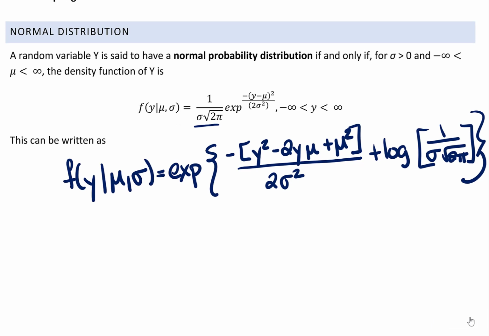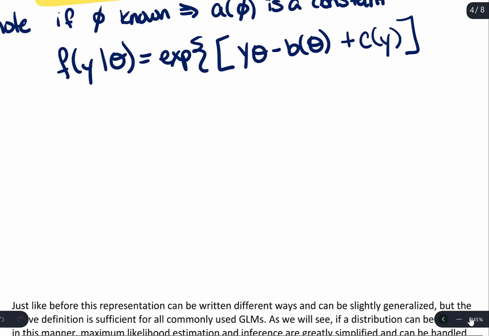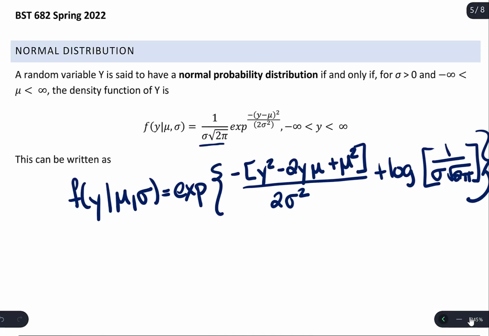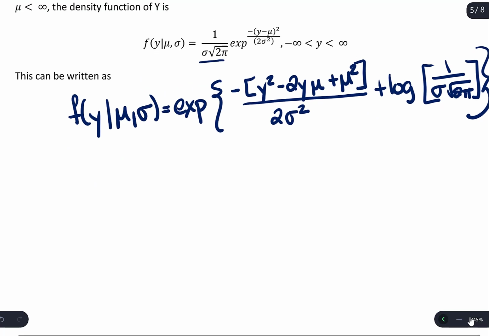So the next thing I'm going to do is, I know that if I look at my format of my exponential family up here, what I would like is a function just involving y, some function involving mu, minus some function involving mu, divided by something involving the dispersion parameter, which in this case will involve sigma. So I want to try to get it in that format.